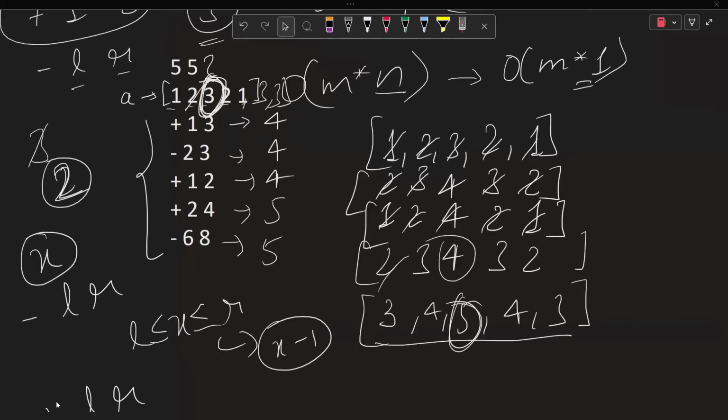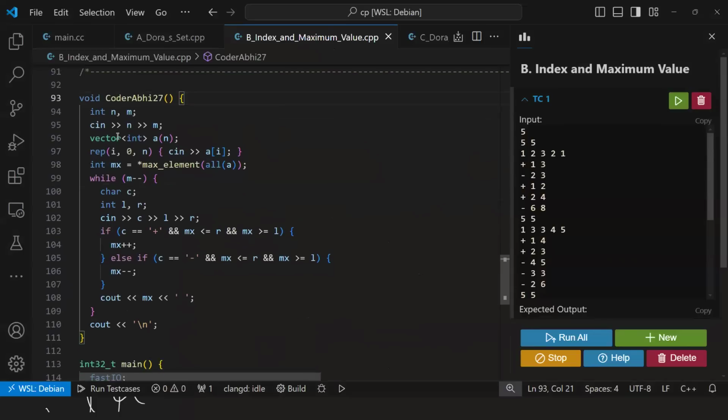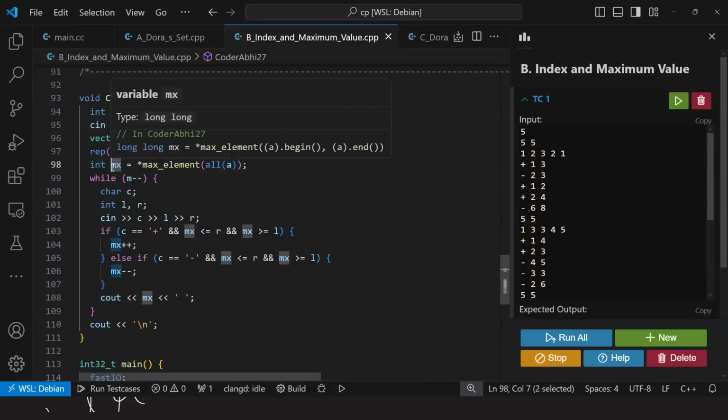So you can look at the code now. N and M are the input. Then in MX, I just took the maximum element of the whole array A. This all(A) just means A.begin, A.end. I'm taking the maximum element from the array A in MX, and I would perform operations only on this MX.